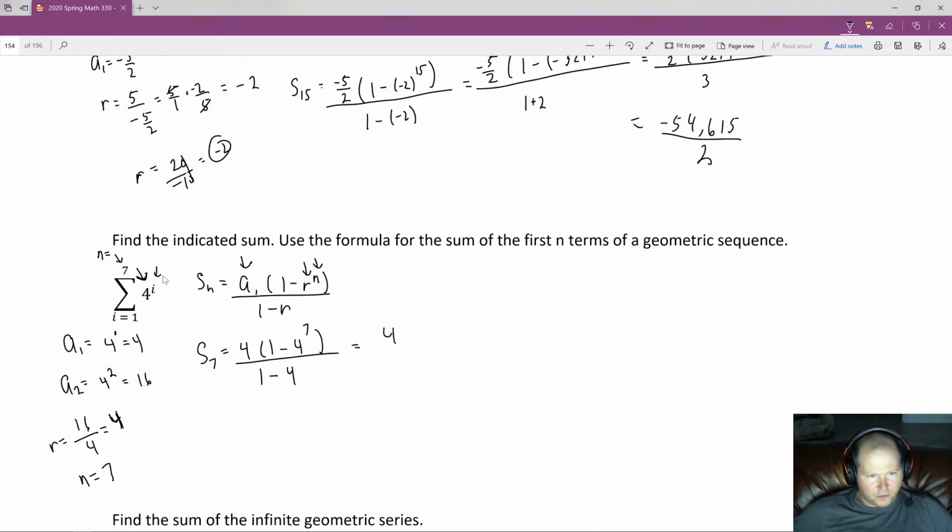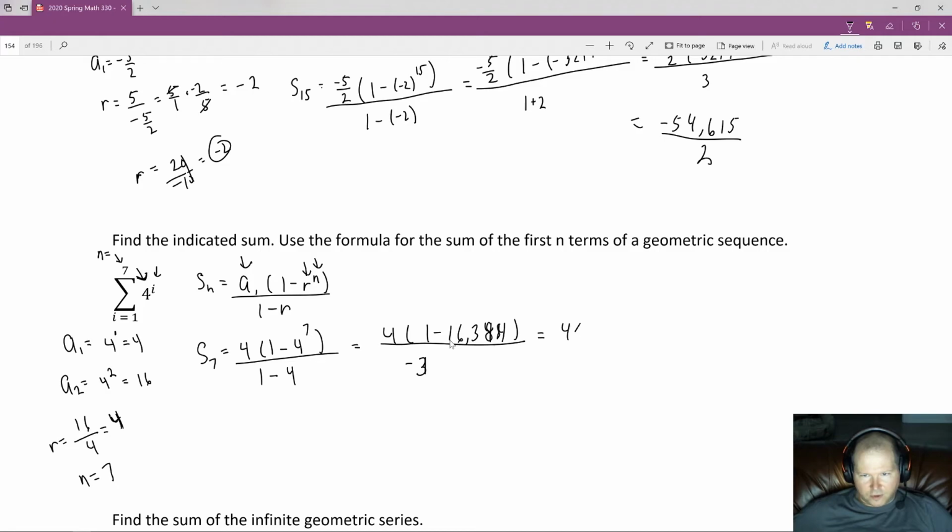So we end up with 4 multiplied by 1 minus 4 to the 7th power, which is 16,384, all over 1 minus 4, which is negative 3.